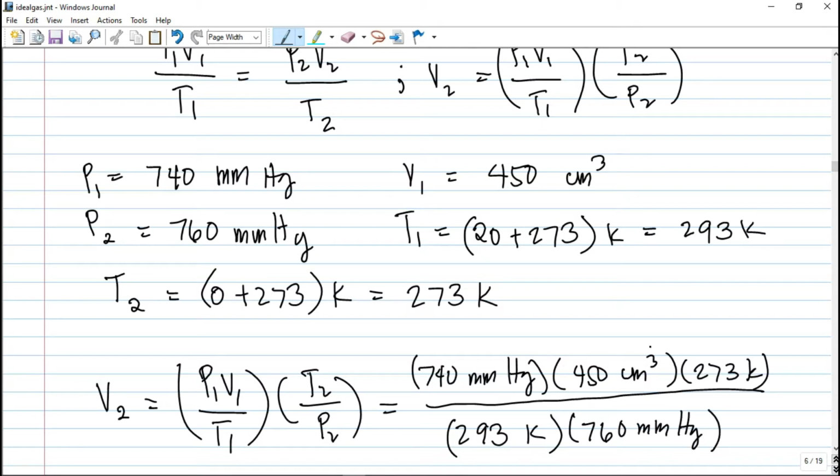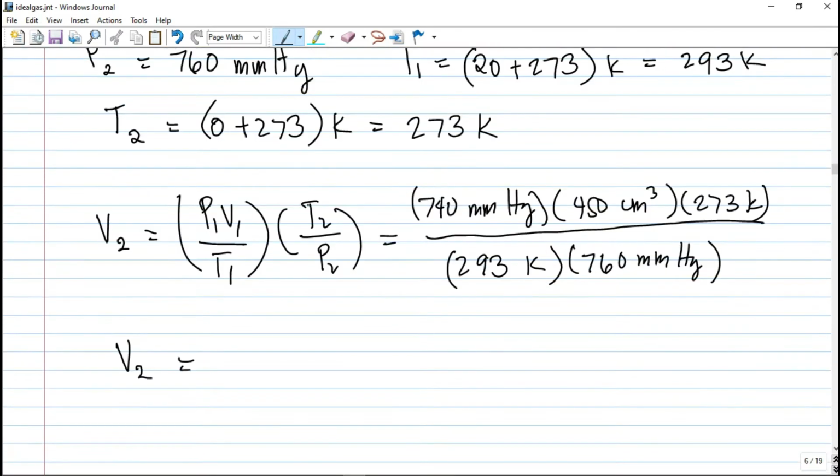We have here a unit of volume which is cubic centimeter, because the other units will cancel. So V2 is 408.25 cubic centimeters. So this is our final answer for number 6.